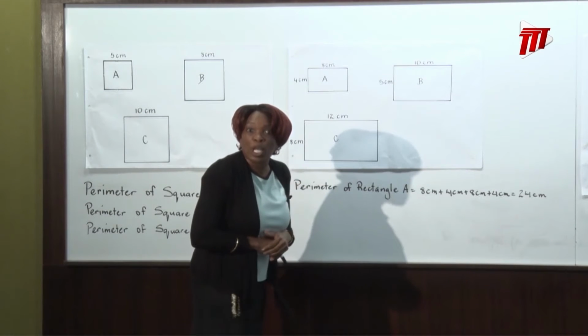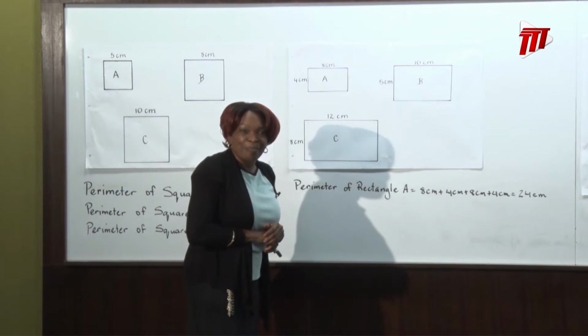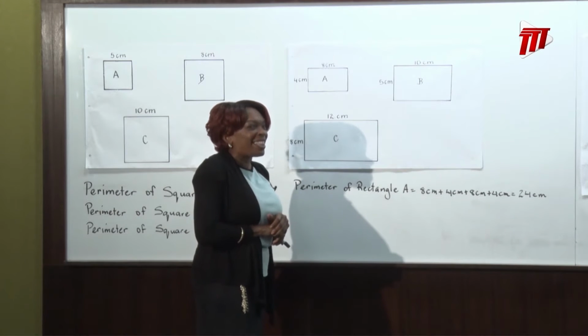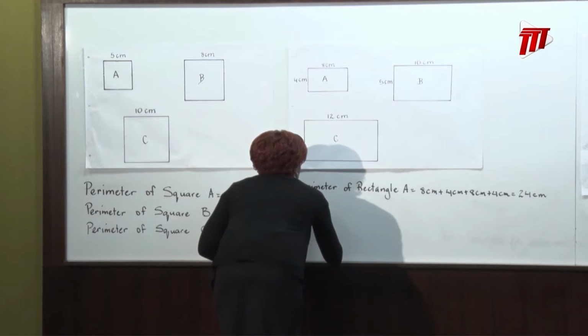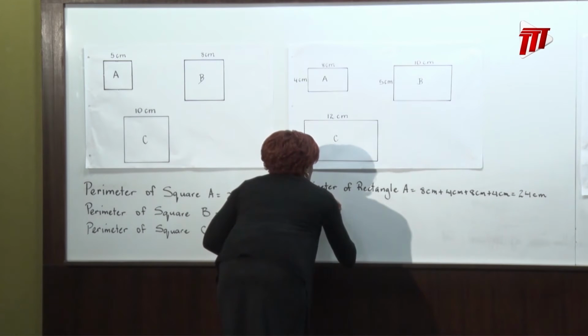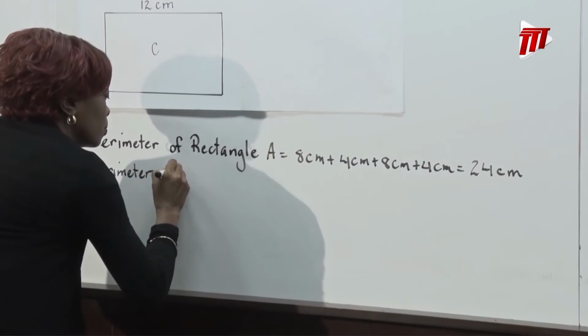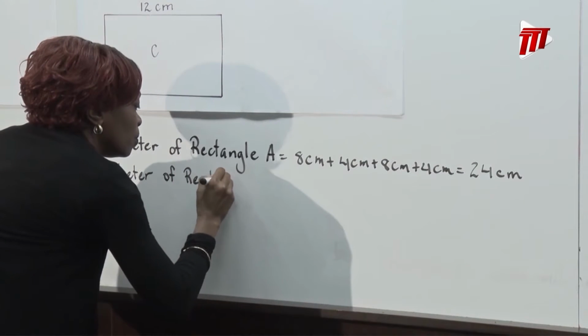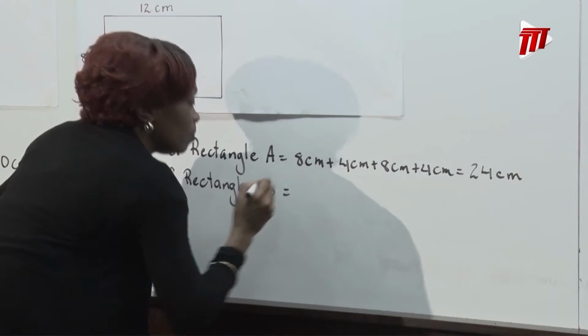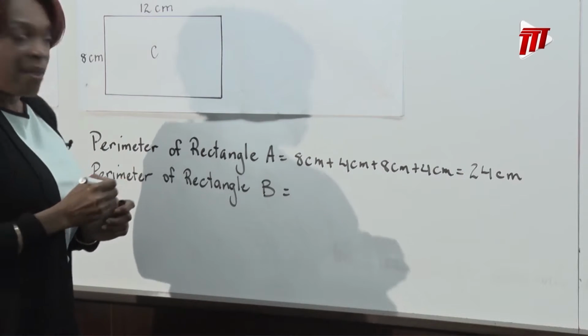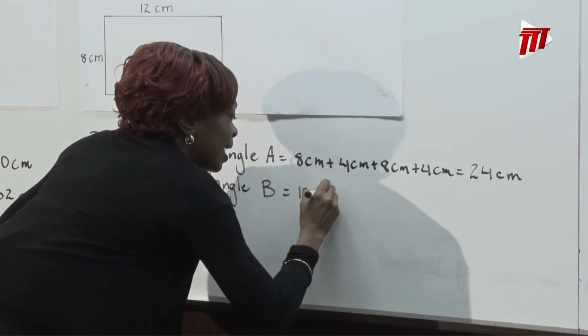Have you already worked out rectangle B and C? I think you did, you know. So let's go. Perimeter of B first. Let's go. What's the length? 10 centimeters.